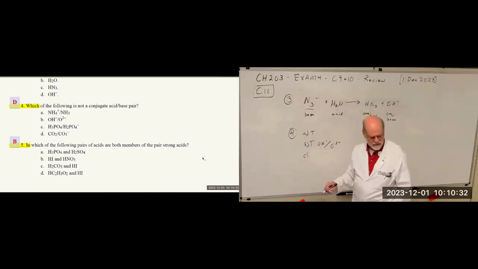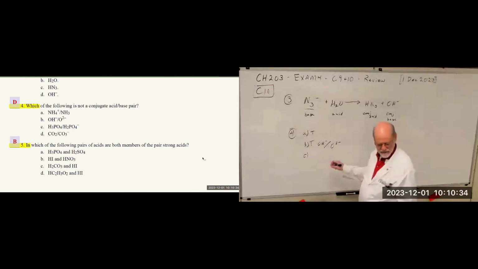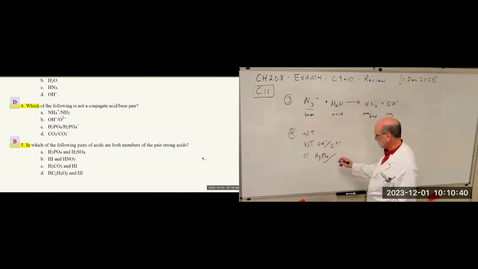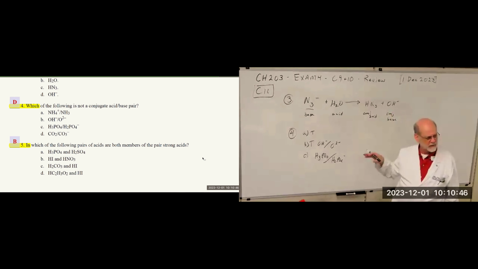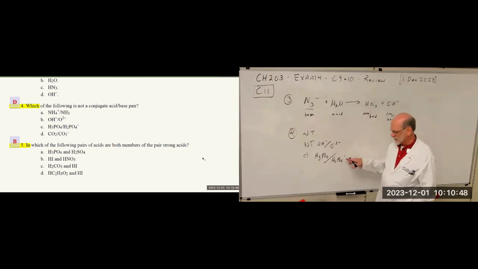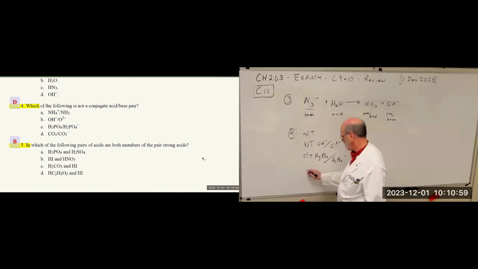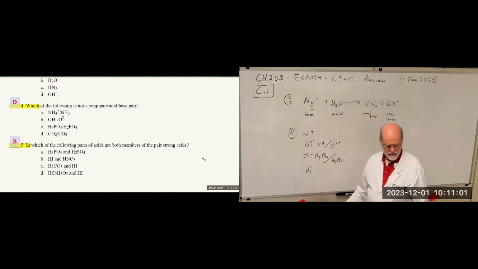That was kind of tricky when you look at it. H3PO4: if this one loses a proton, what does it have left? H2PO4 minus. Whenever you lose a proton, you leave an electron behind, so the charge becomes more negative by 1. Yeah, that was true.